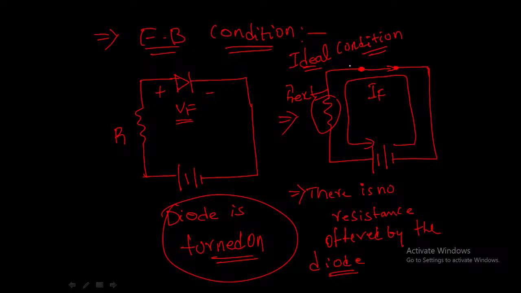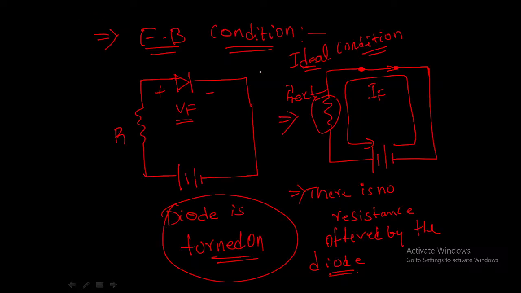So the current is flowing without facing any resistance through the diode. So this is about ideal condition forward bias. This is how we should draw the model of diode in the forward bias condition for ideal condition.